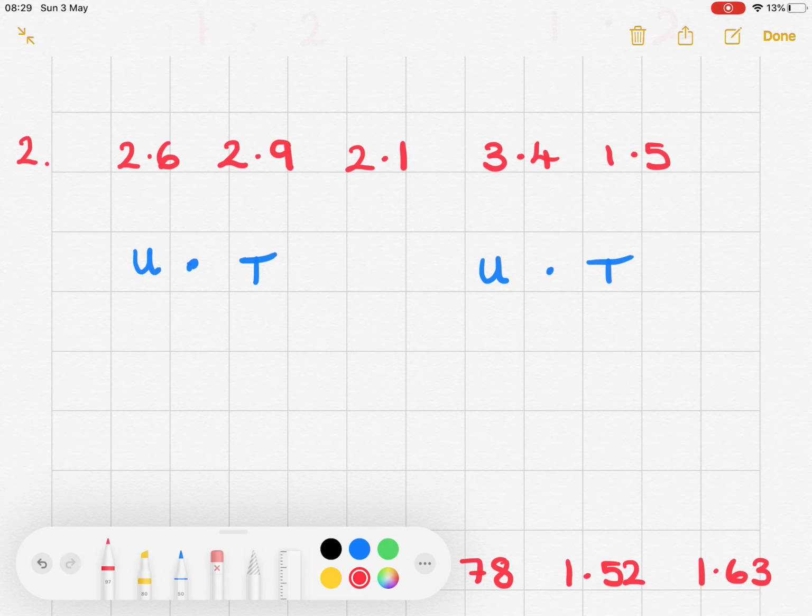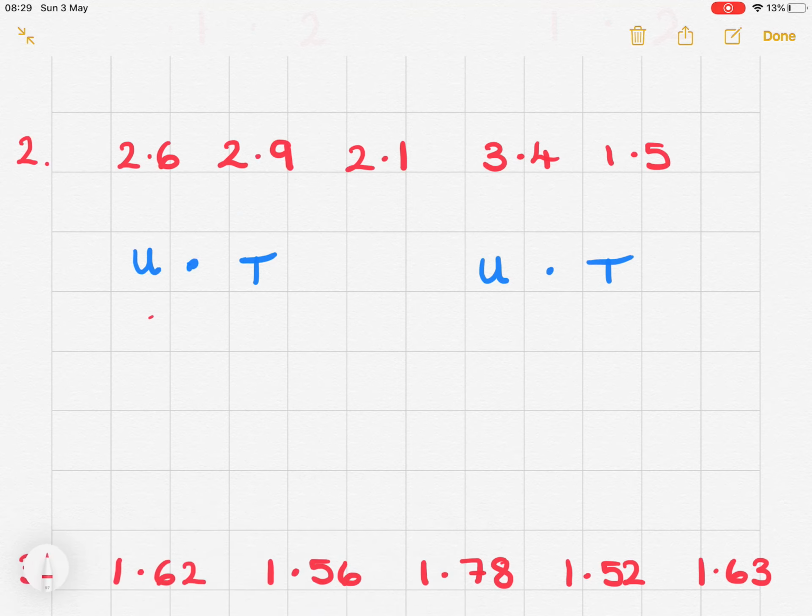Some of you might be able to do it without going into the table. You might be able to order it straight away, and that's okay as long as you have an understanding of it. But it's a good idea that if you're struggling to see which number is the smallest, then you write it in little tables and go through it. So again, I'm going to write it out.